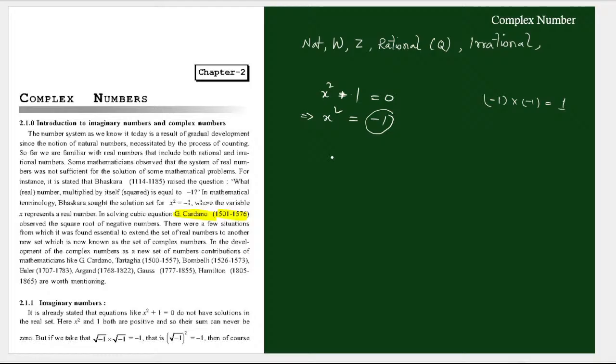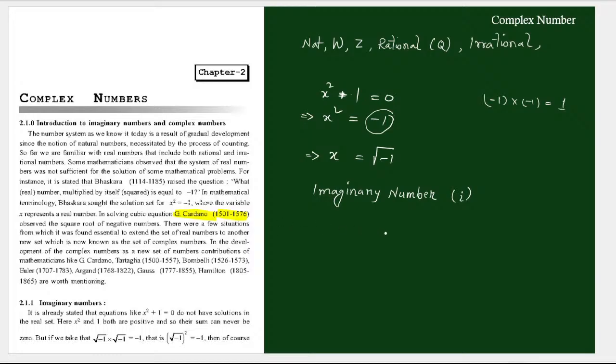If we try to remove the square, it will become the square root of minus 1. Now this square root of minus 1, they call this an imaginary number, simply denoted by small i.